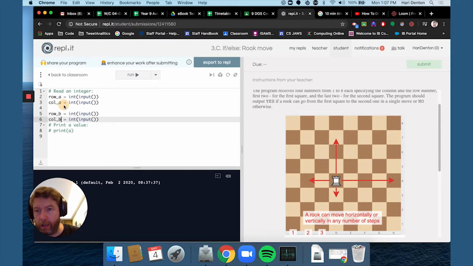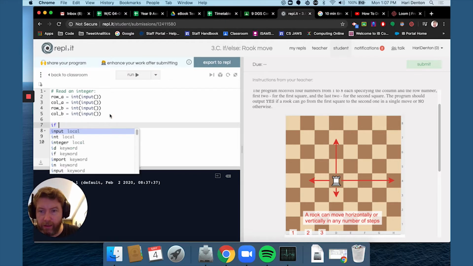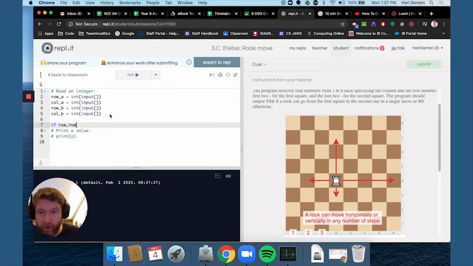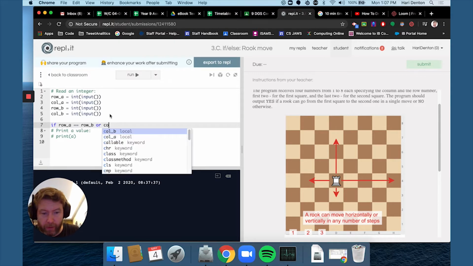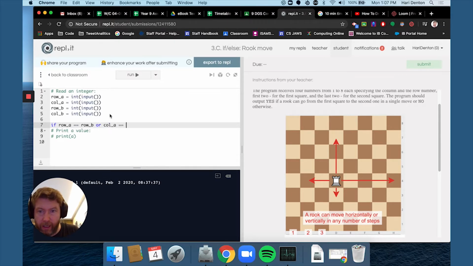And basically, what we're looking for is that either the 2 rows are the same, so row A is equal to row B, so the row stays the same, in which case it's moving horizontally, or column A and column B are the same.